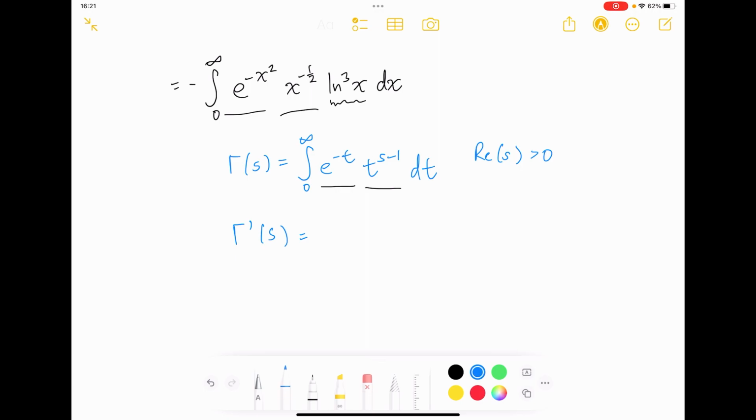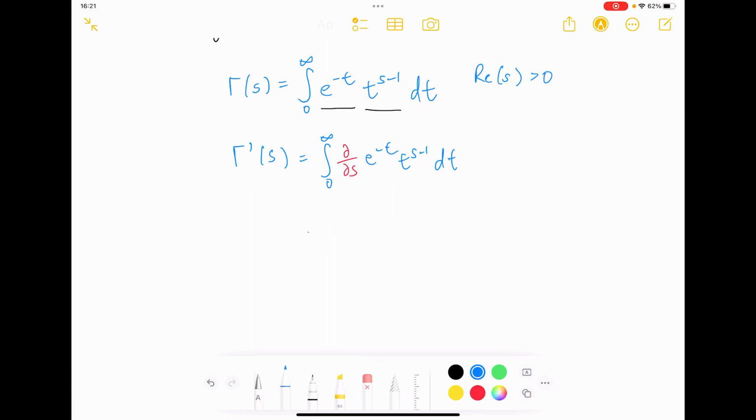So that's going to be the integral from 0 to infinity of the partial with respect to s of e to the minus t times t to the s minus 1 dt. And e to the minus t is just a constant. When we differentiate t to the s minus 1, we're just going to multiply by natural log t dt.